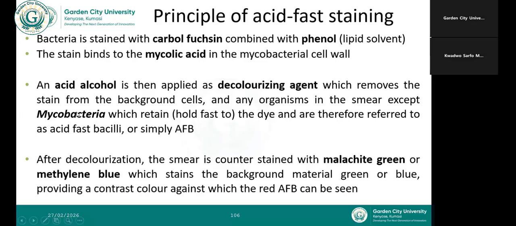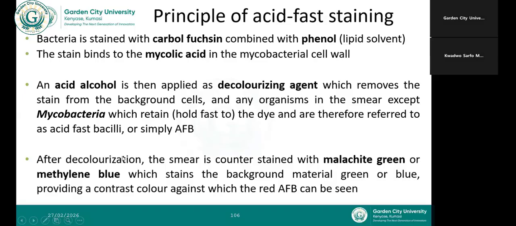But the ones that have high mycolic acid content, for example, the mycobacterium or the nocardia, they will hold fast to the carbol fuchsin that you applied first. That's why we say they are acid fast. While the other bacteria that do not have the mycolic acid will lose the primary stain, the carbol fuchsin, when you decolorize.